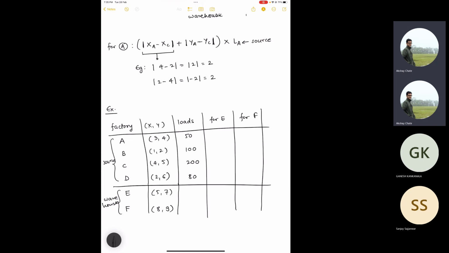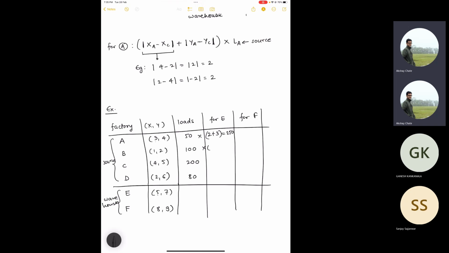You subtract XA, which is 3, minus XE, which is 5, and take the mod, so it is 2. Then you add Y, 4 minus 7, mod of it is 3. So 5, into 50, gives 250.